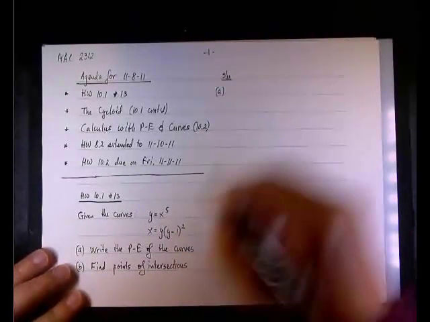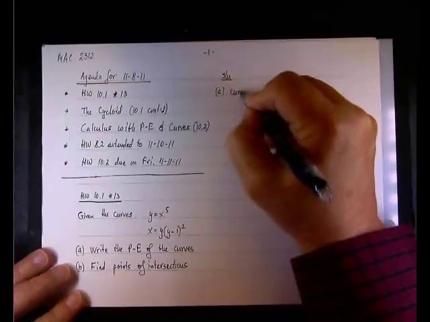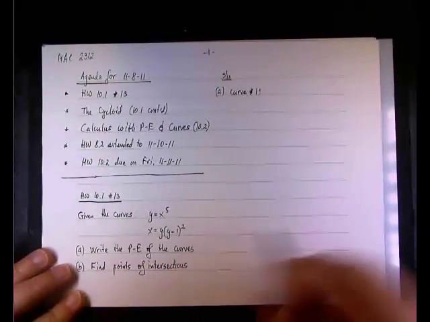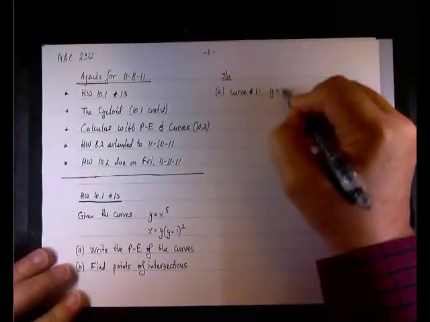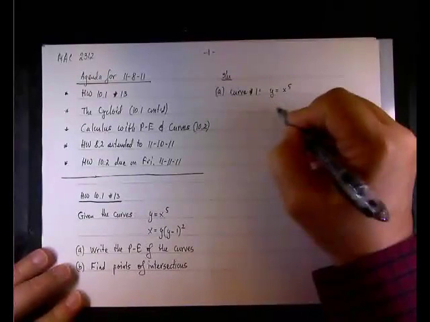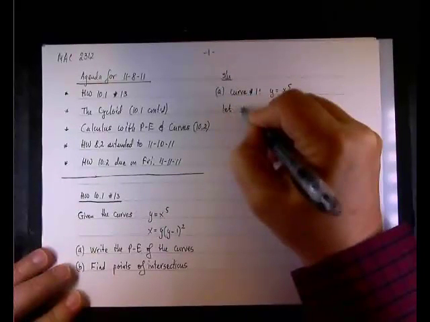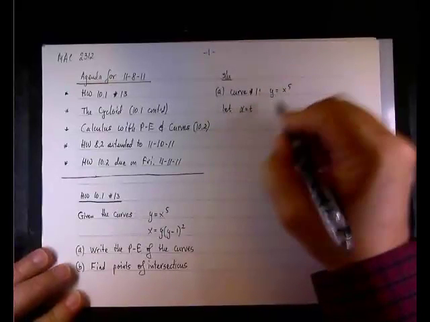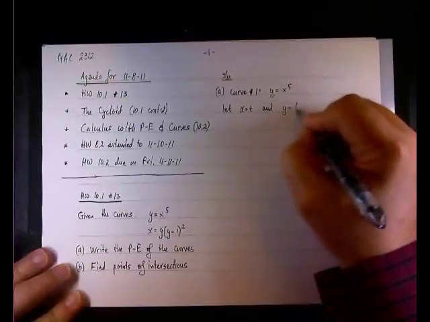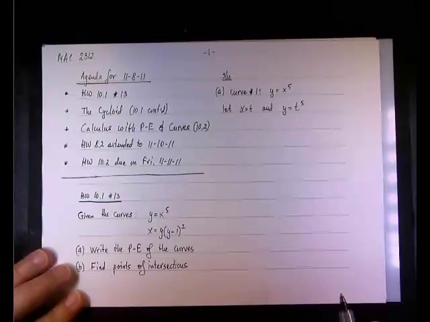the first curve is y equals, so let's call it curve number 1. Curve number 1, we have y equals x to the 5th power. So y equals a function of x. We're going to let x equal t, and therefore y will be simply t to the 5th power.